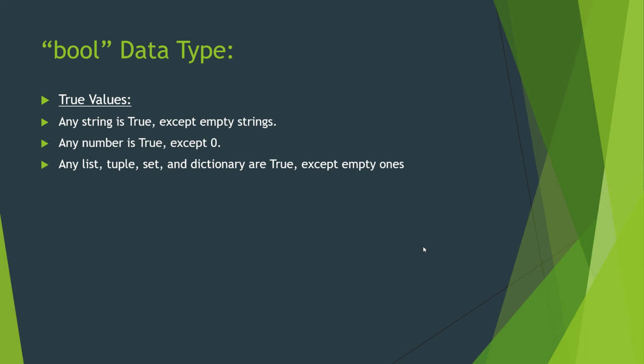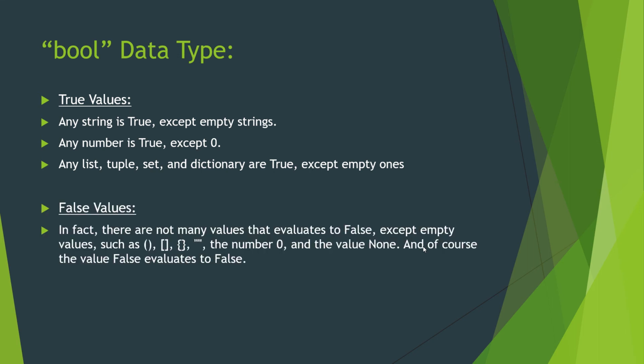Now we will look at the false values. All strings which are empty are considered false. The number 0 is considered false, and lists, tuples, sets and dictionaries which are empty are considered false. Now we are going to look at some examples.